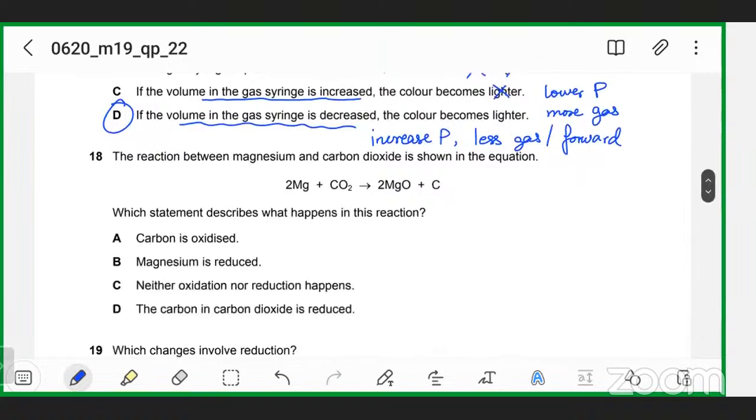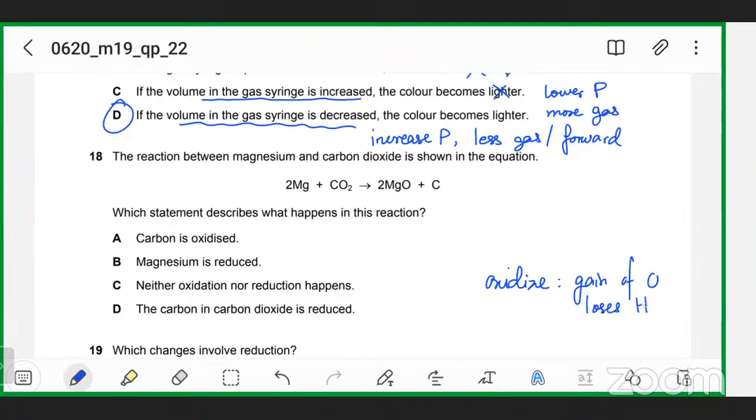Which statement describes what happens in this reaction? So what happens in this reaction? D. ठीक है, ऑक्साइड का क्या मतलब है? Gain of? Yes. It gains oxygen or loses electrons or hydrogen.